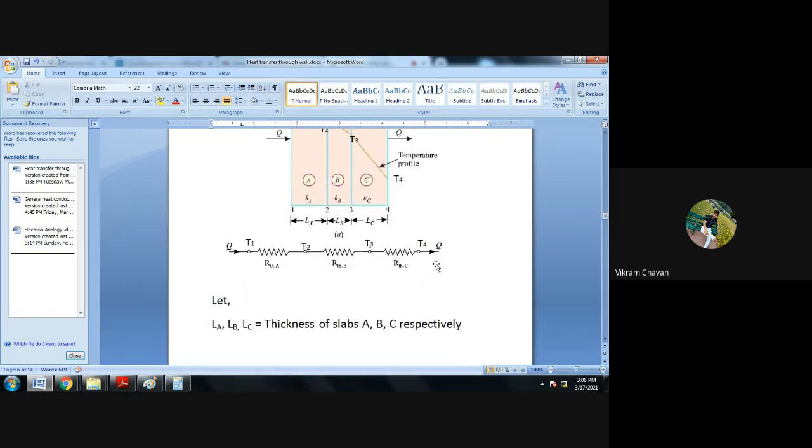Okay. Then let L suffix A, L suffix B, L suffix C be the thickness of slabs A, B, C respectively.